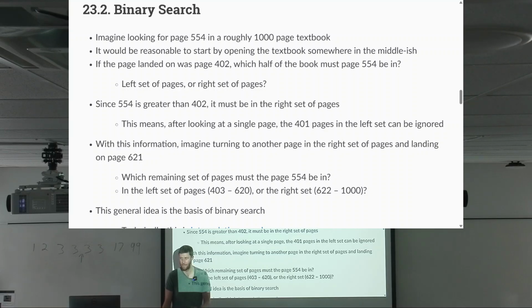Okay? But when I did something like this, and now I'm getting too lucky, I'm looking at page 770, and I'm looking for 700. And I know to look over here. How many things did I eliminate from my search? All of these. With everything I look at, I'm able to eliminate a lot of information. We want to make decisions.